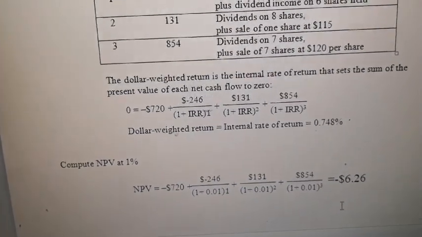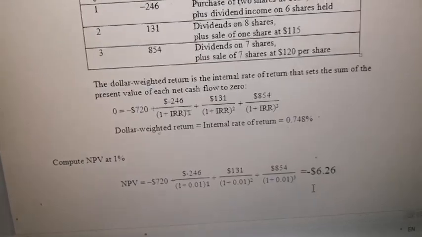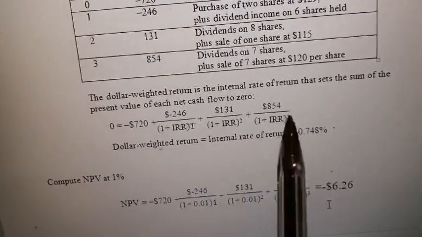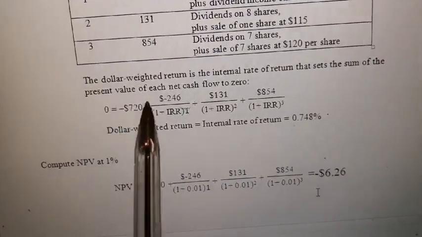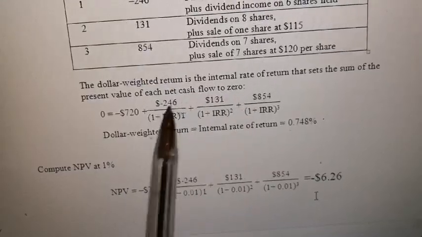So the dollar weighted rate of return is the internal rate of return that sets the sum of the present value of each net cash flow to 0.